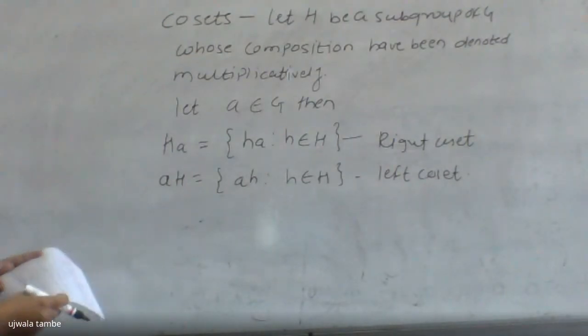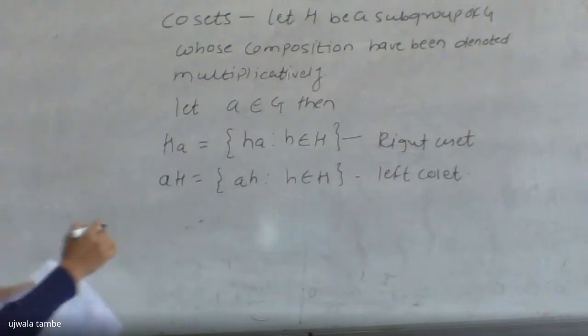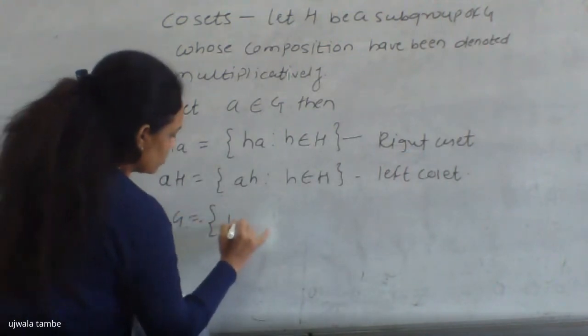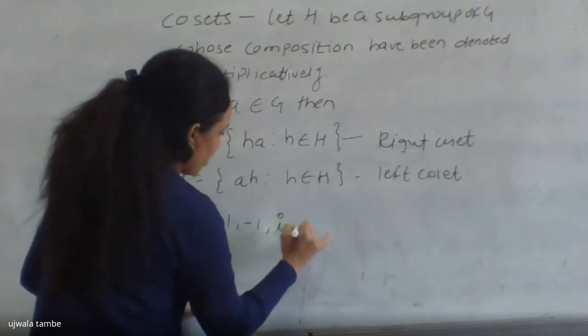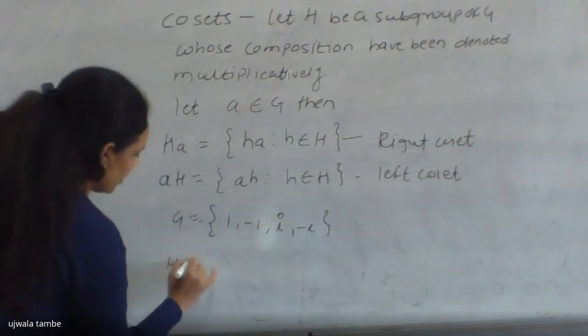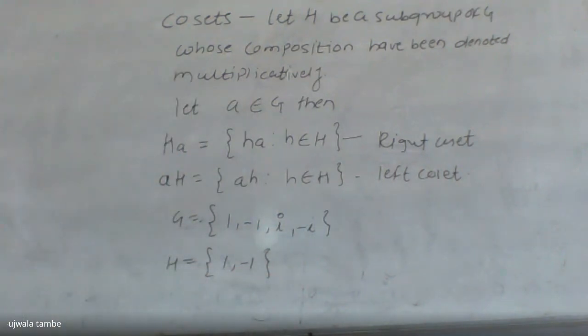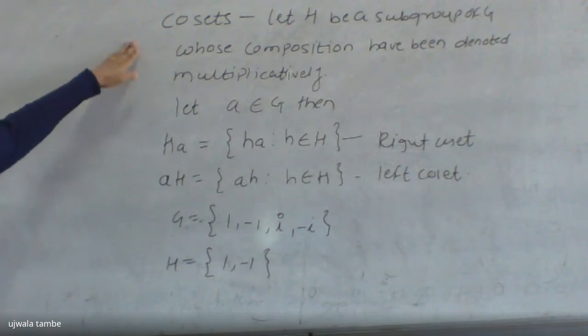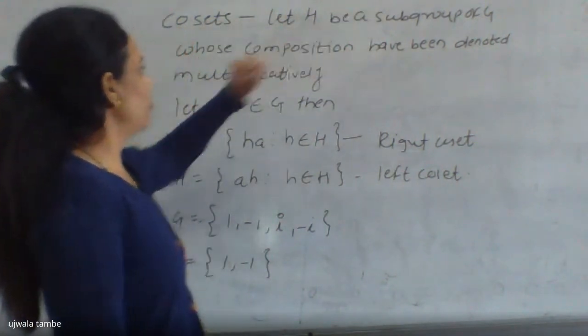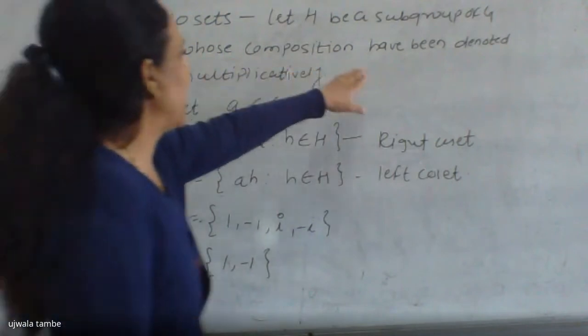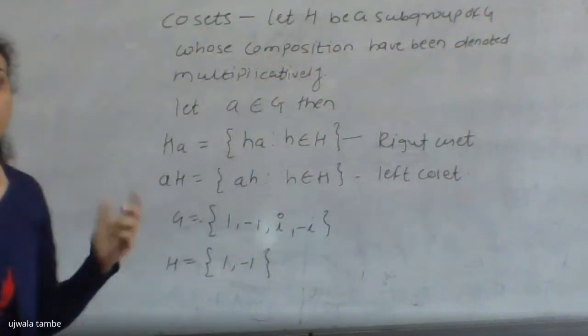So first write down the definitions, then we'll move towards the example. Now suppose G is equal to {1, minus 1, i, minus i}, and H is equal to {1, minus 1}. Okay, so we just have to follow the properties of the coset. Let capital H be a subgroup of G whose composition has been denoted multiplicatively. So what is meant by composition?